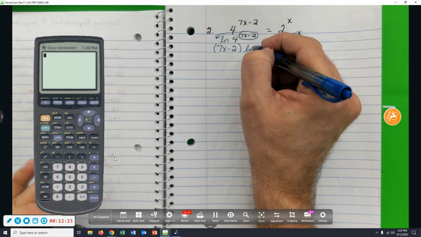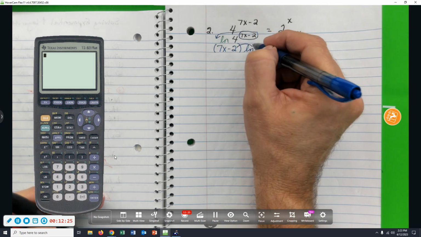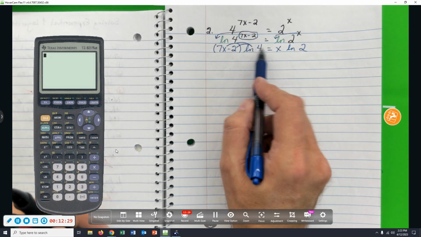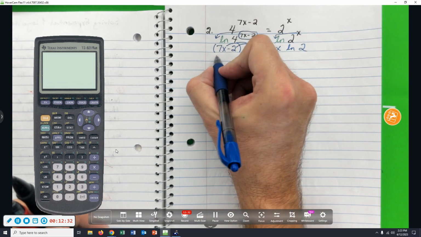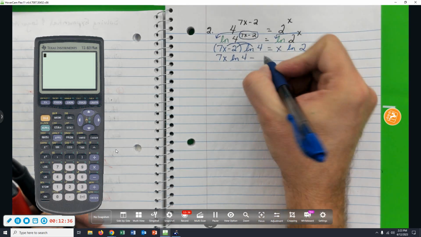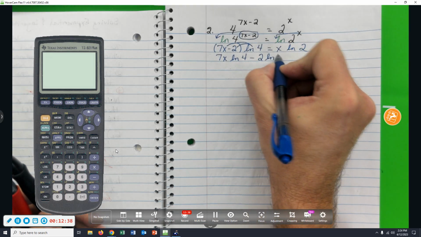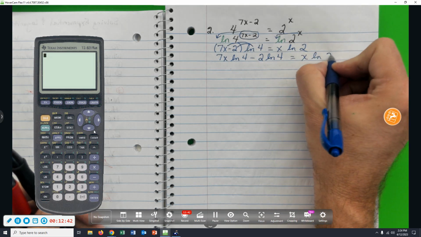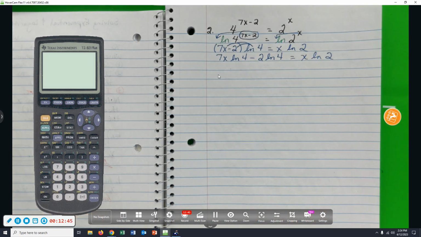What we're about to do is distribute the ln 4 the same way you would distribute just a variable. Just stick ln 4 after each one of these terms. We'd have 7x ln 4 minus 2 ln 4 equals x ln 2.